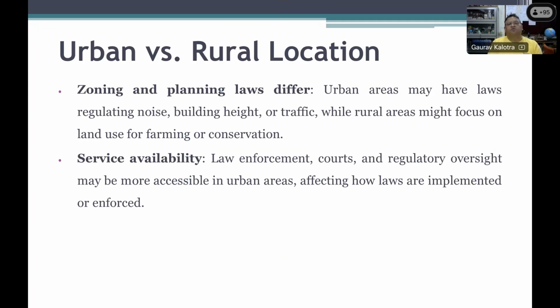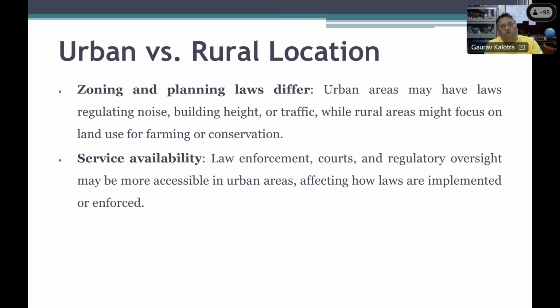Then urban versus rural location. Zoning and planning laws differ. Now see, urban areas and rural areas. Here the zoning and planning is almost different. If some of you might have studied geography at some point of time, you might have studied a course named town and country planning.